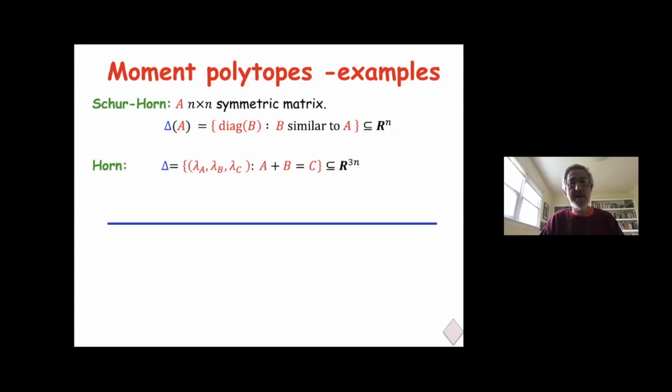Here's another, harder one. If we look at matrices A, B, and C so that A plus B is C, let's say we fix C and we look at all A and B, and I ask you what the eigenvalues look like, just triples of n vectors. It turns out that they form a convex polytope.